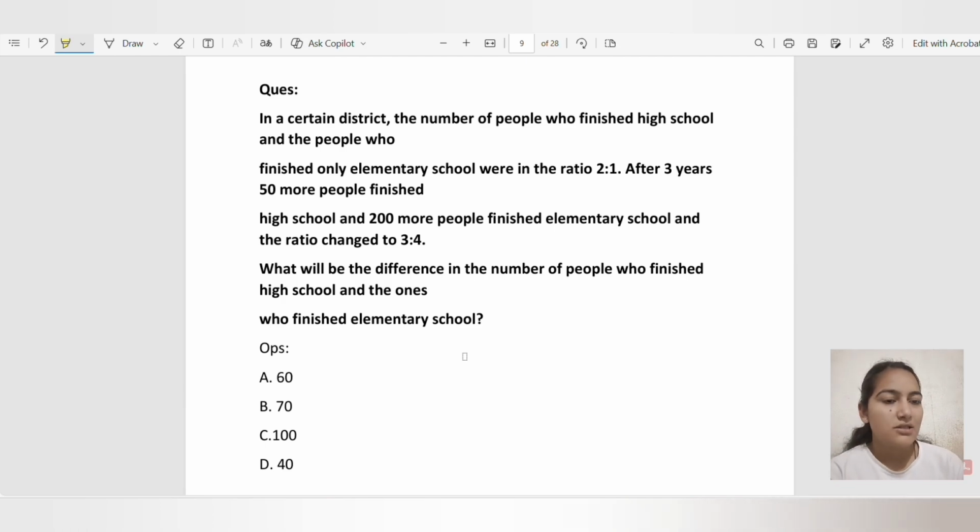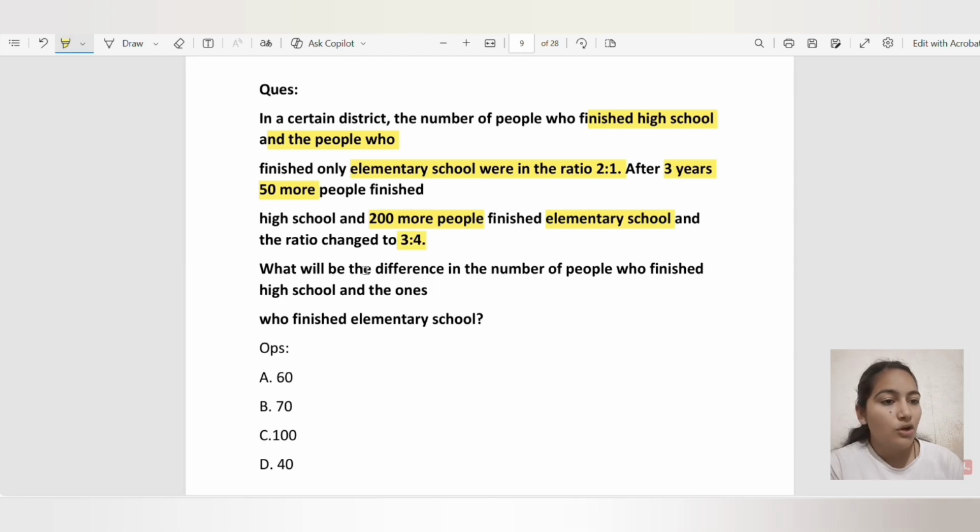Okay. Next question is: in a certain district, the number of people who finished high school and the people who finished only elementary school were in the ratio 2:1. Okay. And after 3 years, 50 more people finished high school and 200 more people finished elementary school, and then the ratio changed to 3:4.